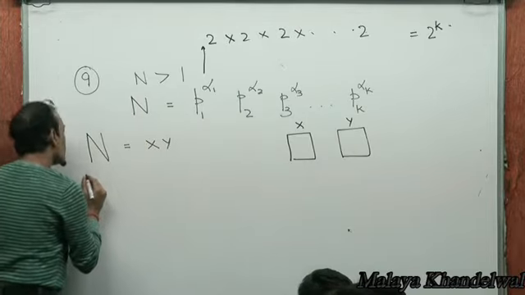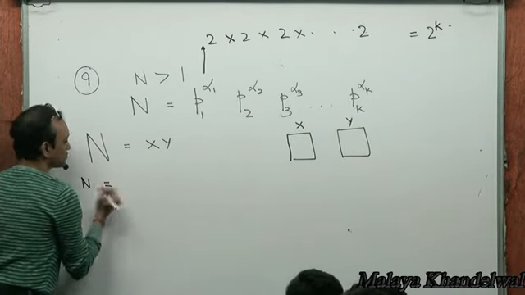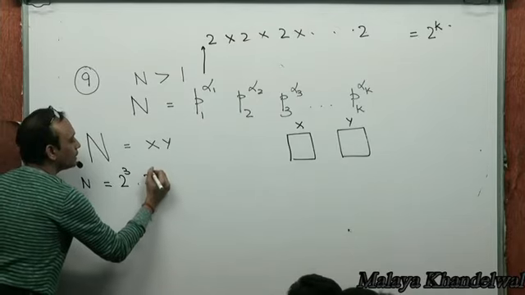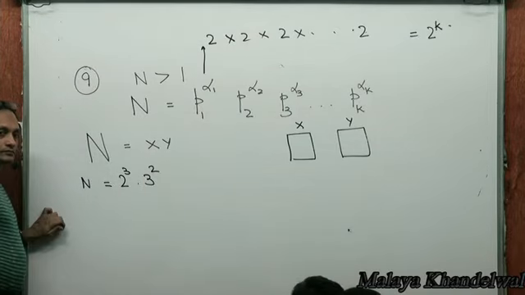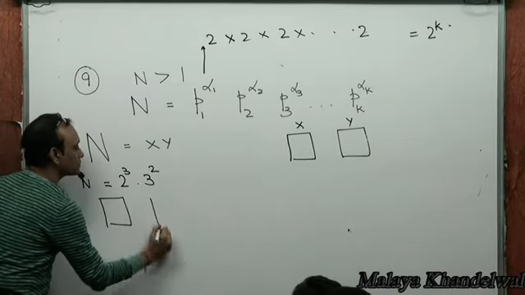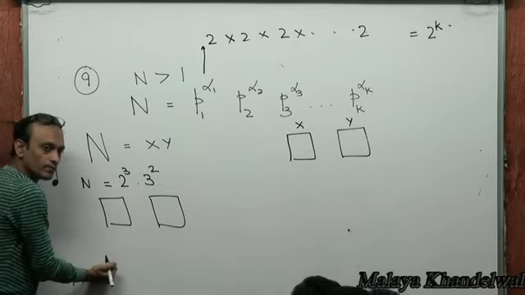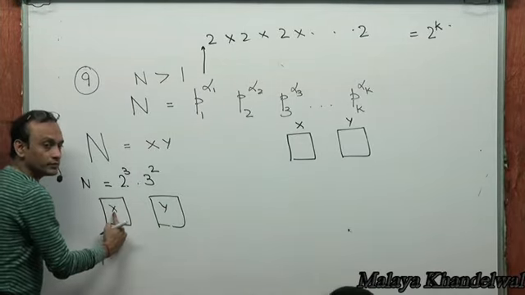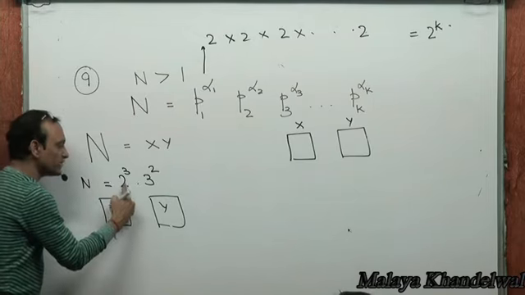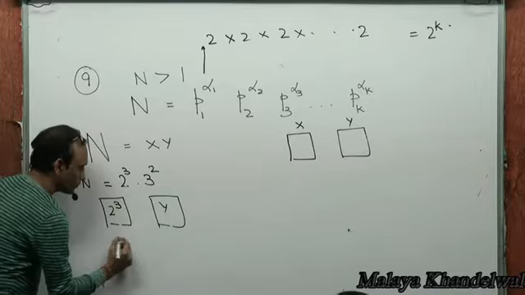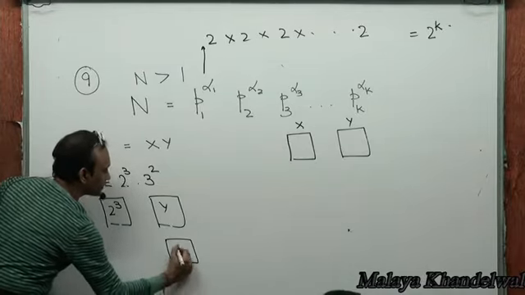Okay. Let me look at a simple case of this kind. Suppose I have 2 cubed into 3 squared, and I want to fill up these two spaces, X and Y. 2 cubed can go here, so there are two ways of delegating 2 cubed, or 2 cubed could go there.